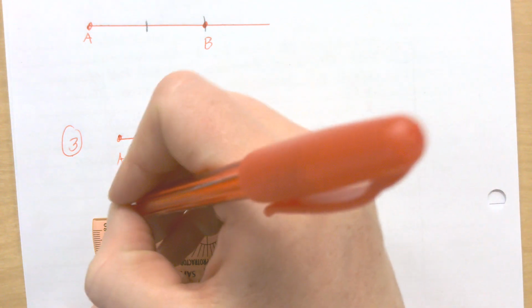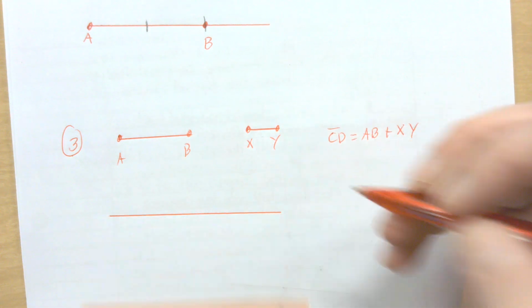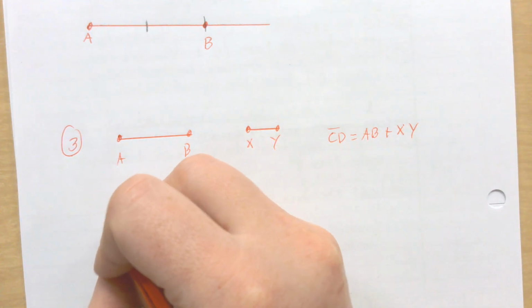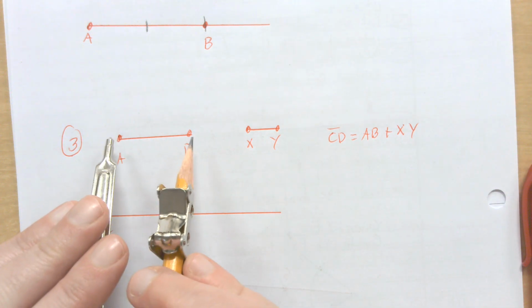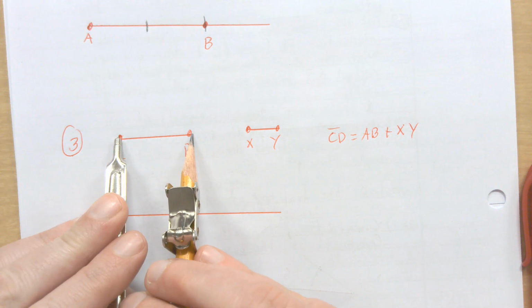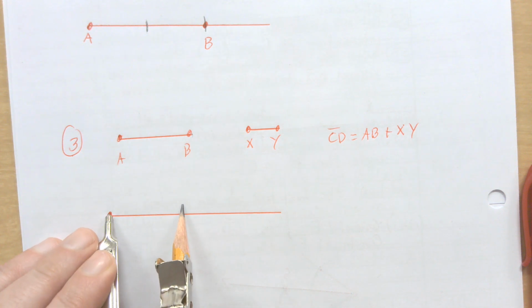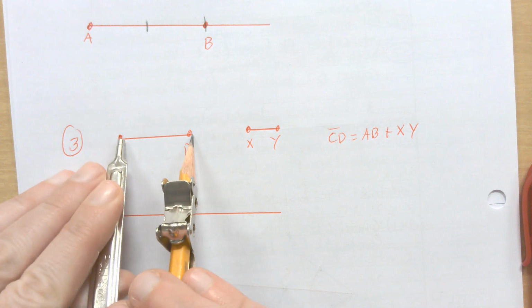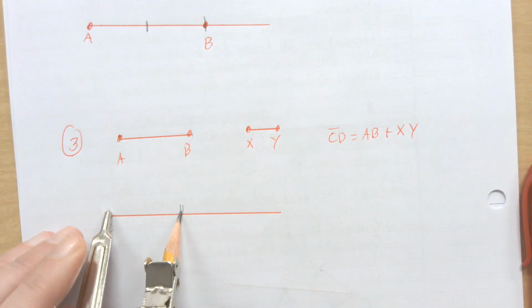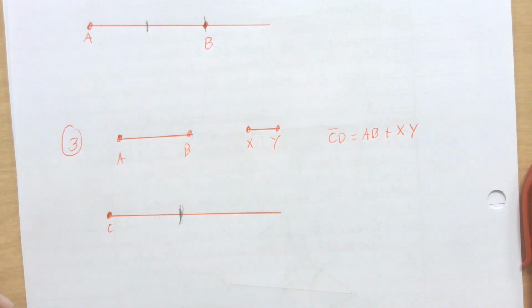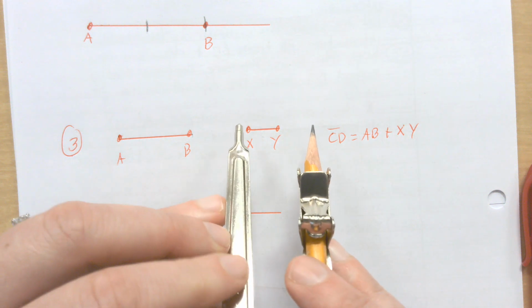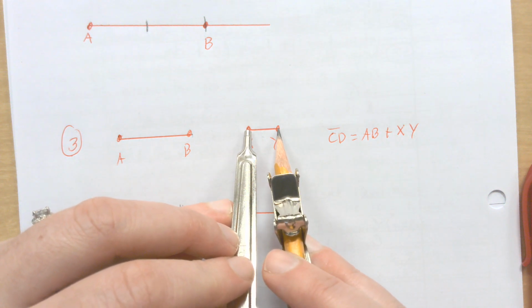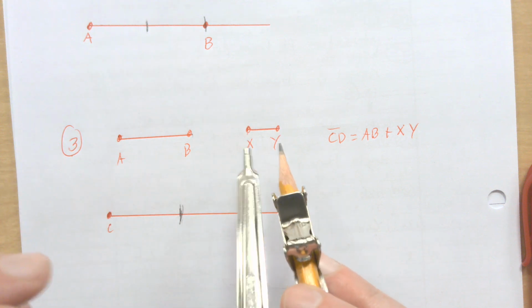So I make an array, and I'm going to label my endpoint C. The first thing I'm going to do is copy the length of AB down onto my array. I want CD to be AB plus XY, so then I'm going to take my compass and measure out the distance of XY.